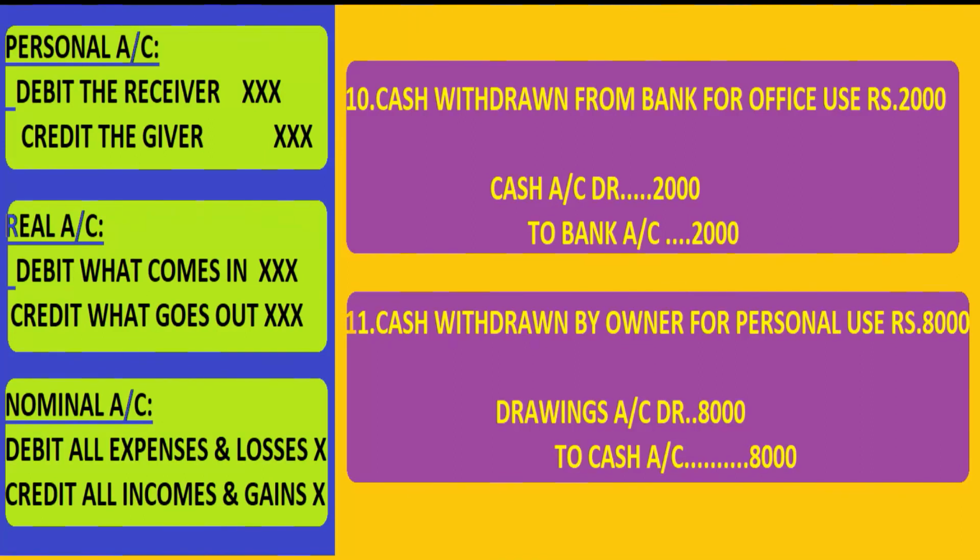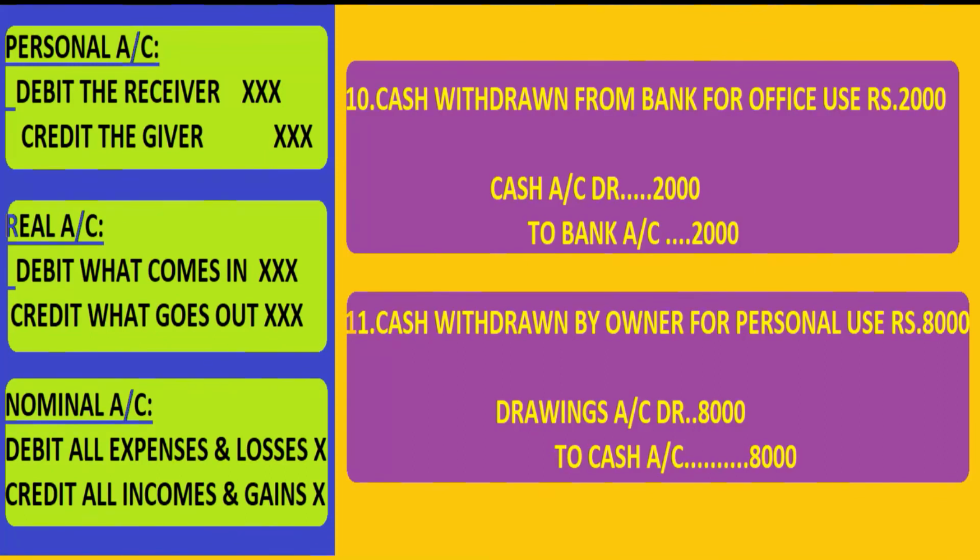The 11th transaction is cash withdrawn by proprietor for personal use 8000 rupees. Now what are the two aspects? Cash and drawings. Cash is going out of the business. So as per real account rule, we have to credit the cash account. Debit what comes in, credit what goes out.